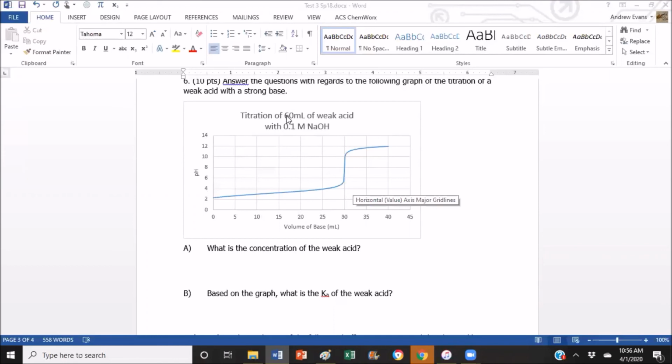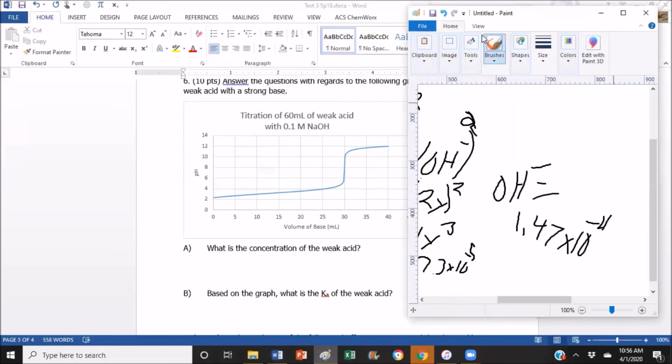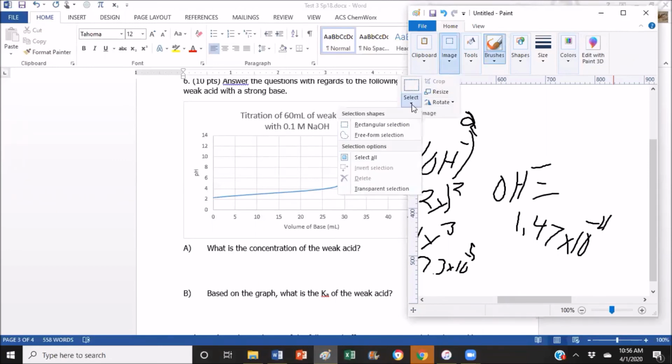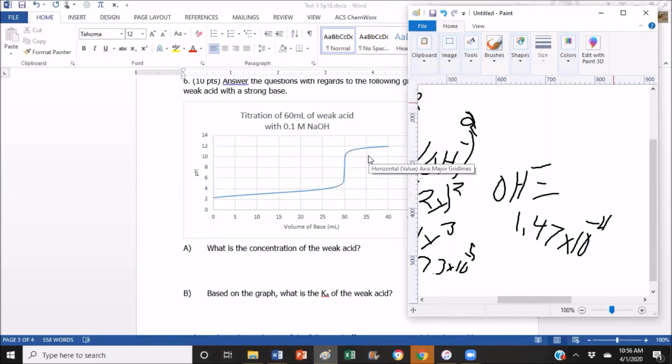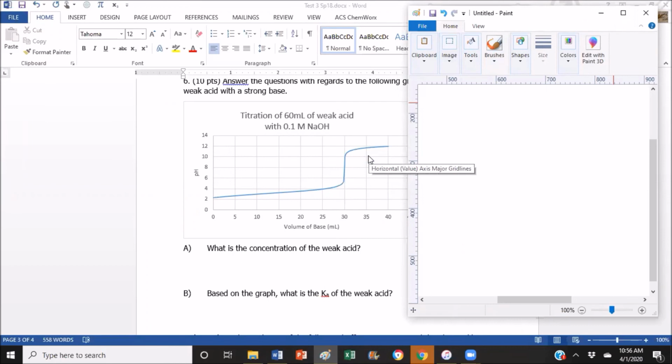What is the volume of the acid? 60 mL. So MA, which is what we're solving for, times VA, 60, equals MB times VB.